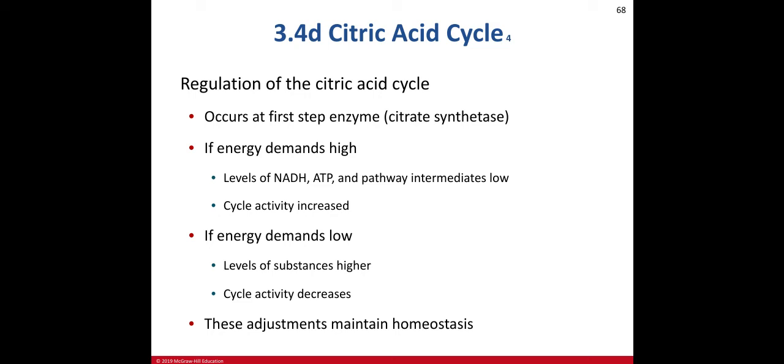If the energy demands are low, we're going to have more of our substrate and the cycle will slow down and decrease. And these adjustments maintain homeostasis, and they're happening even right now. So that is keeping that balance.